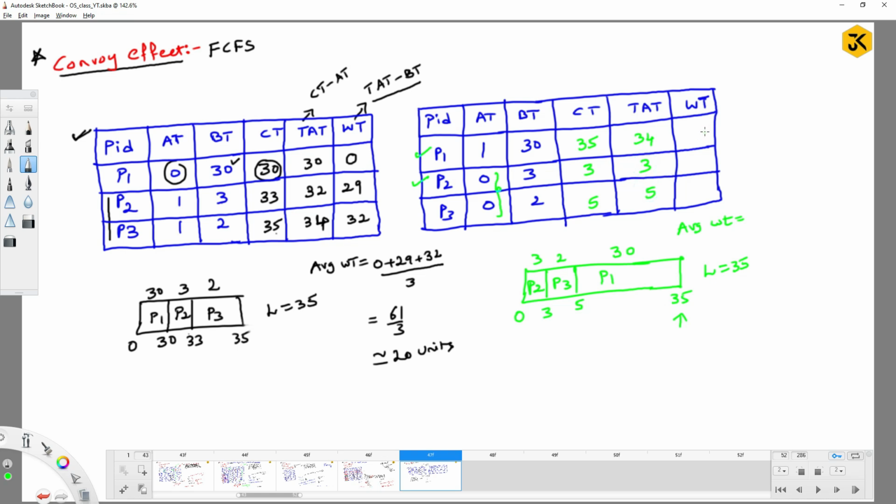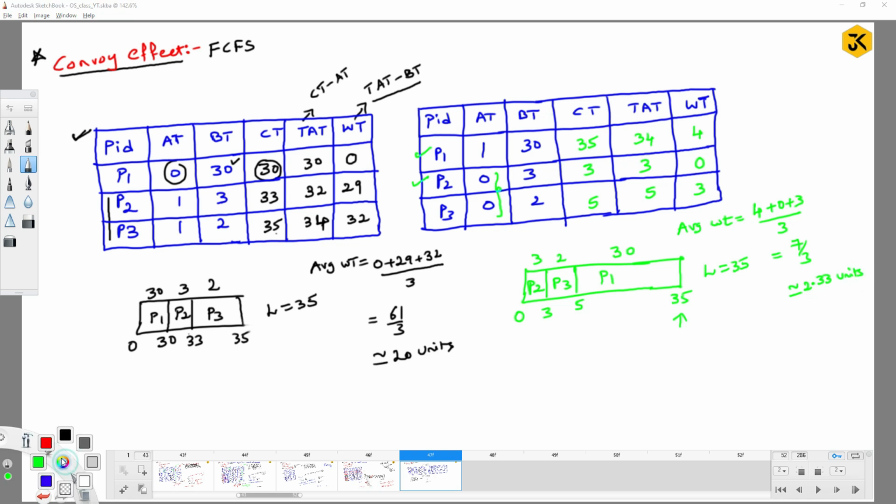What is waiting time? Turnaround time minus burst time. That is 4, 0 and 3. Which means the average waiting time will be 4 plus 0 plus 3 by 3, which is 7 by 3, approximately equal to 2.33 units of time.